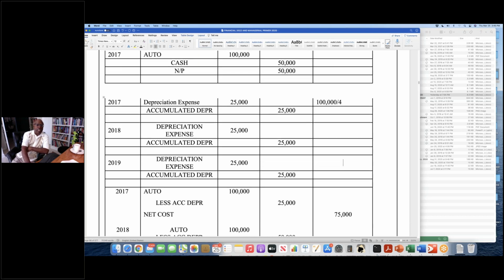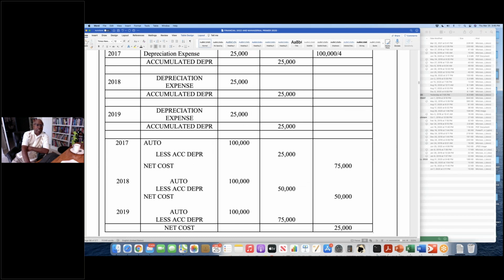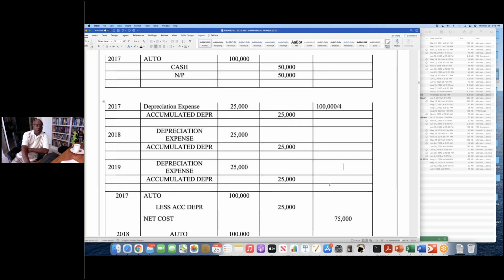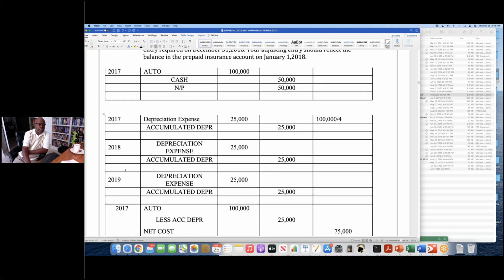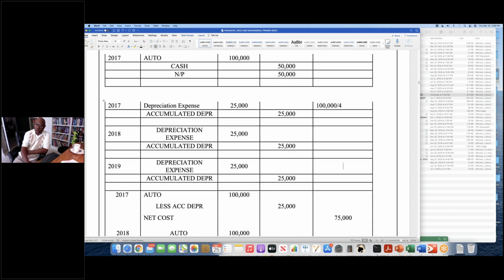The only thing is, at the end of year 2 you depreciated 50,000, so it's only worth 50. At the end of 3 years, you depreciated 75,000, so only worth 25,000. Once you calculate the expense, we simply divide the cost by the life, 100,000 by 4, we get 25,000. Then in 2018 and 2019, in a simple example, it's going to stay the same. So if you get the first year right, you got the second one right.